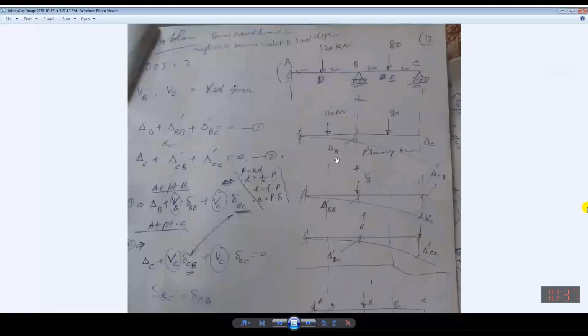Whereas this one, delta dash BB, is the deflection at point B due to force at B. Deflection at B due to force at B.